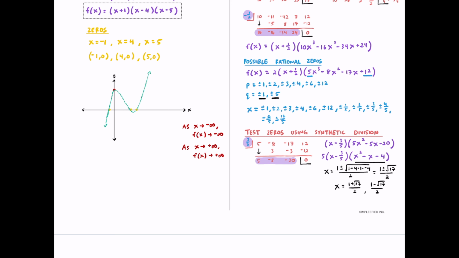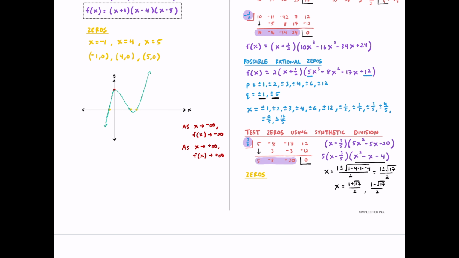Another zero we just found out was this 3/5, right? So if we factor that, that's going to be this binomial of x minus 3/5. And then we just found out from this quadratic polynomial that we have 2 more zeros. These are irrational though. So we have a rational one, another rational one, and then 2 irrational ones. So that makes 4 total zeros for this quartic polynomial.